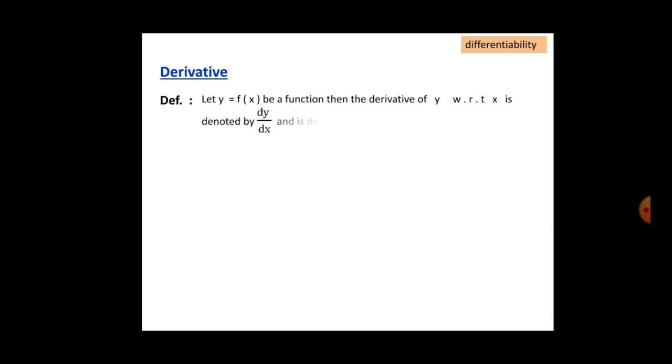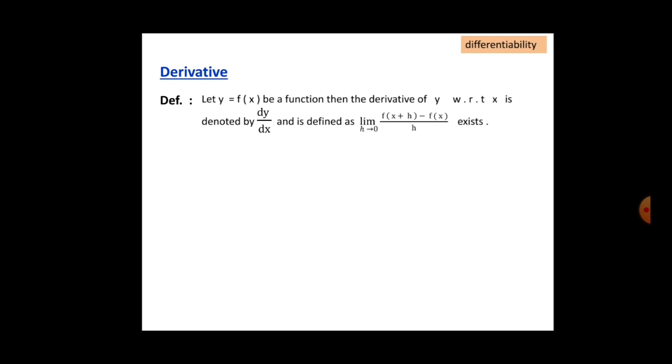The derivative is defined as: let y is equal to f of x be a function, then the derivative of y with respect to x is denoted by dy by dx and is defined as limit h tends to 0 of f of x plus h minus f of x divided by h, if it exists.